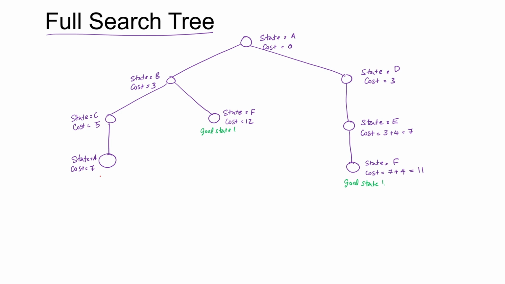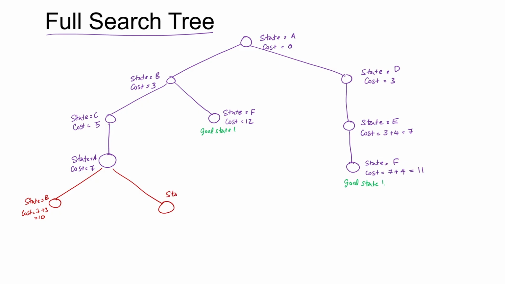Now, what happens next here is when you reach A, what will happen here? At A, you will have 2 branches, one is state equals B, and the cost is equal to 7 plus 3, which is 10.